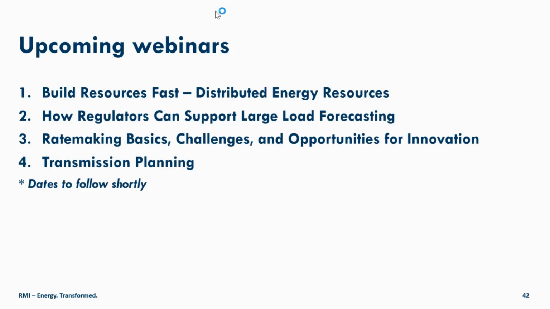Hey, Kara, this is Randy. I have one. Hey, you all. Thank you so much for the presentation. So I'm putting this in the chat too. But my question is related to data centers, and maybe you're going to be talking about this in a future presentation. Looks like maybe on the second one when you talk about large load forecasting.